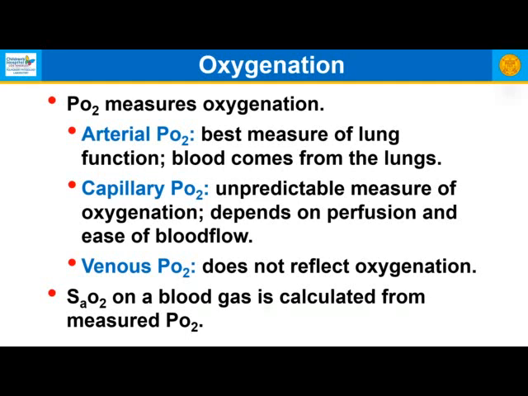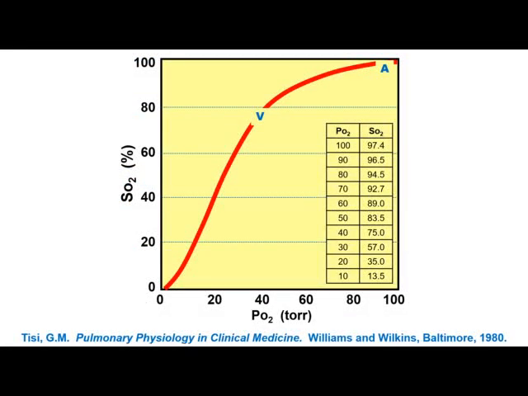Note that saturation on a blood gas is calculated from a measured PO2. It's not directly measured. So if there's a significant difference between a measured saturation from pulse oximetry in a patient and the calculated one, you should believe the measured one. Remember again, saturation is not linear with respect to PO2.